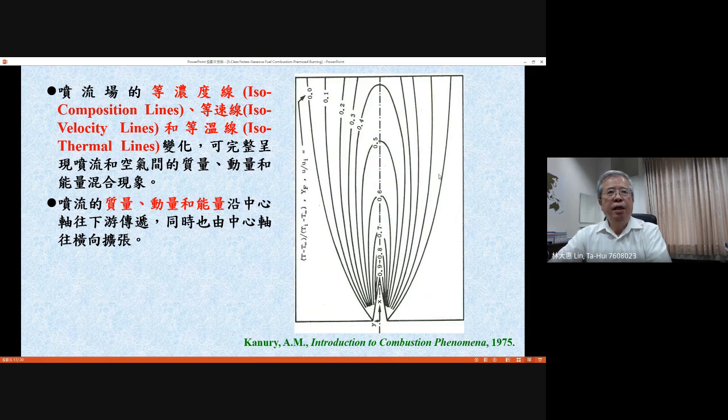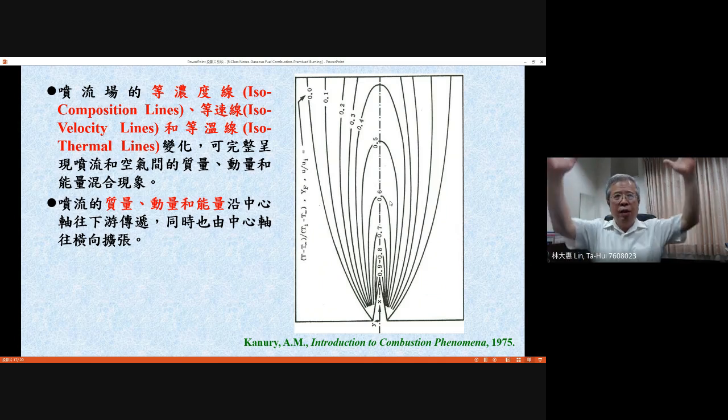Okay, that means those iso-velocity lines tell you the jet extends to the very far downstream and loses its axial momentum gradually, but it expands the jet boundary continuously, enlarging it into the downstream side.